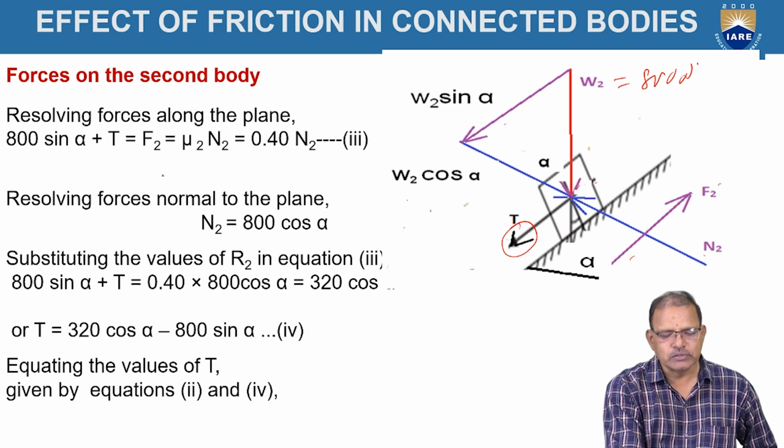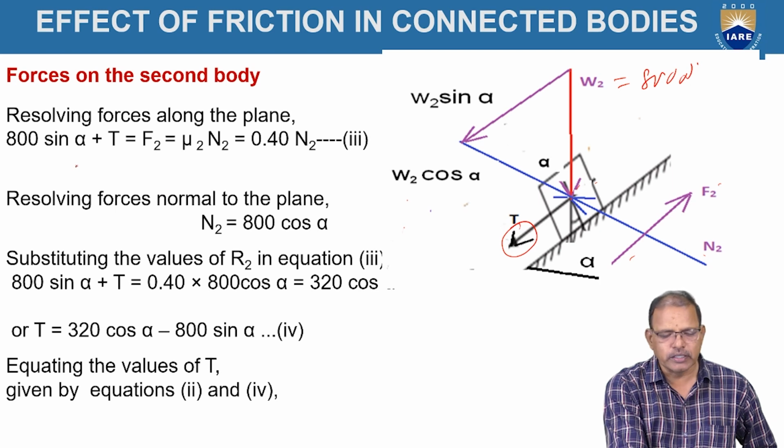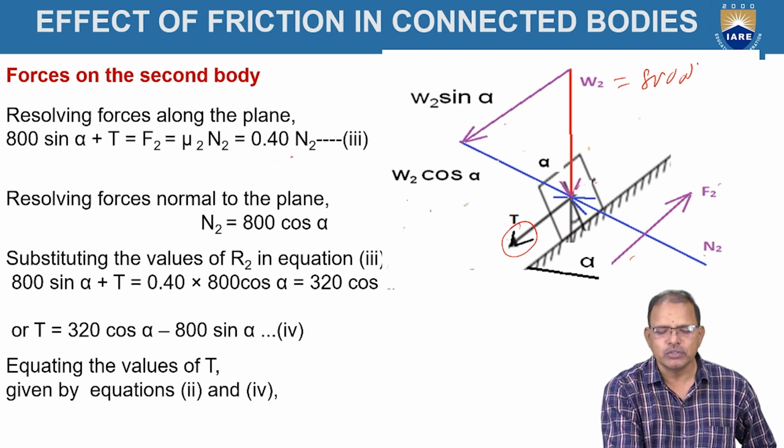Hence, when the forces are resolved along the plane, we get 800 sin alpha plus T, both acting downward, and it should be equal to F2. F2 is equal to mu2 N2, which is 0.40 into N2. Similarly, resolving the forces normal to the plane, N2 is equal to 800 cos alpha.